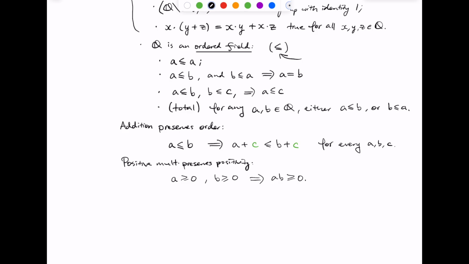So that's true about multiplication. So these two rules describe how the order interacts with the addition and multiplication in this field.